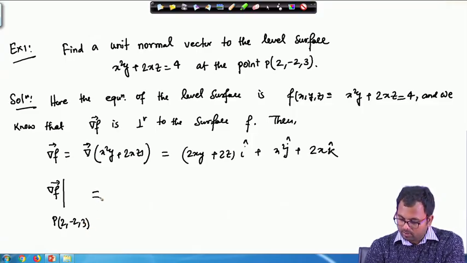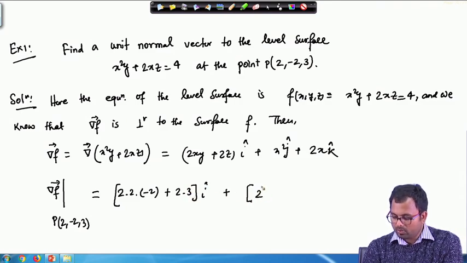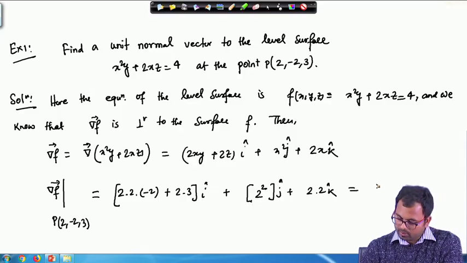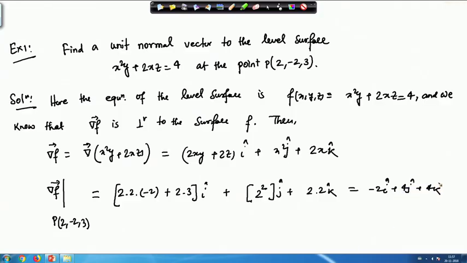If I substitute, it will be (2 times 2 times -2 plus 2 times 3) times i, plus x² which is 2² times j, and 2 times 2 k. So this will ultimately be -2i + 4j + 4k.